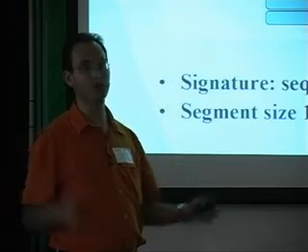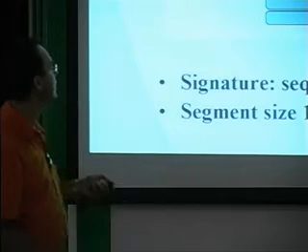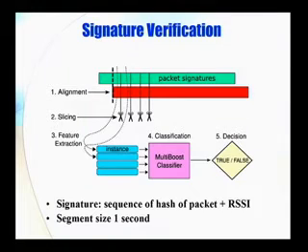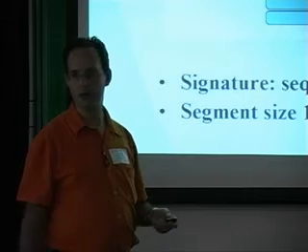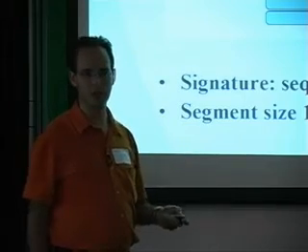We break that into pieces we call instances. We feed the set of instances through a classifier, and I'm going to describe how the classifier works in a minute. And the classifier tells us whether, based on comparing these two signatures, we are collocated, or the device that we're trying to attach to is actually far away.